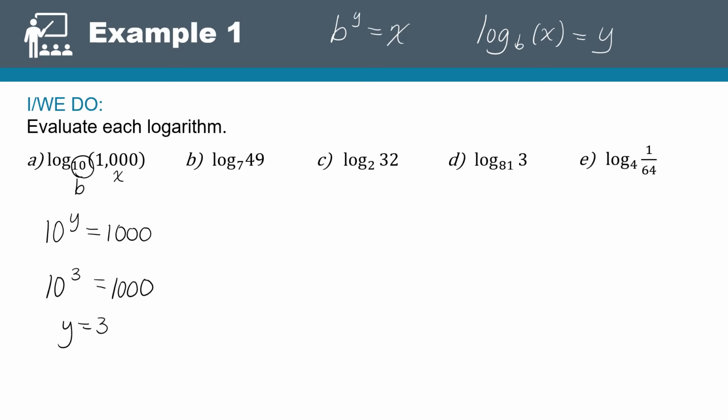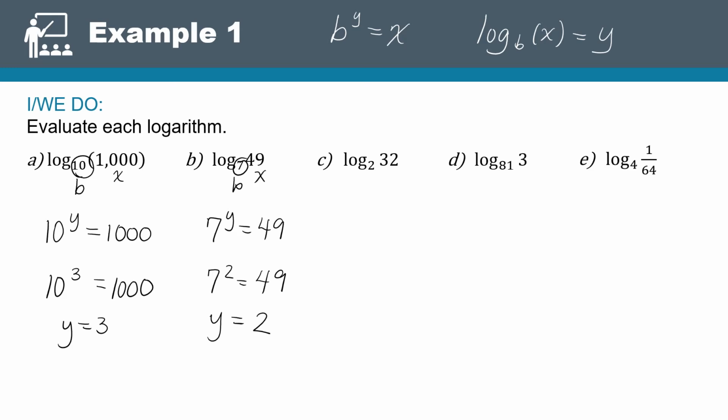B, log base 7 of 49. 7 is my base, 49 is my x. So I say 7 to the y power equals 49. Well, 7 to the second power equals 49. So y equals 2.